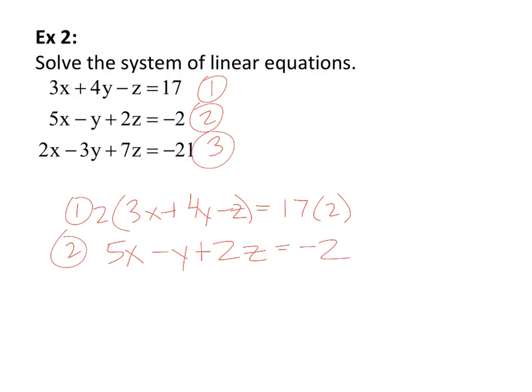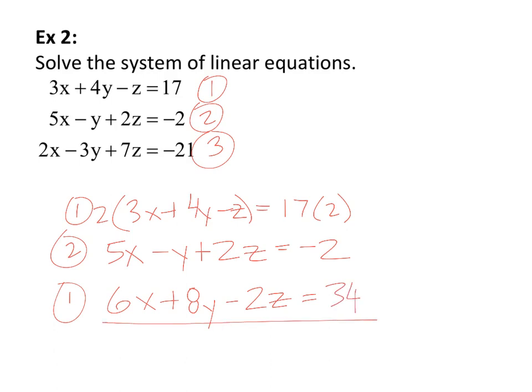Okay, so I'll just put the first equation on the bottom of the second. So I have 6x plus 8y minus 2z is equal to 34. Alright, so I add the x's up, I get 11x, the y's, I get 7y, the z's cancel out, and I'm left with 32 here.